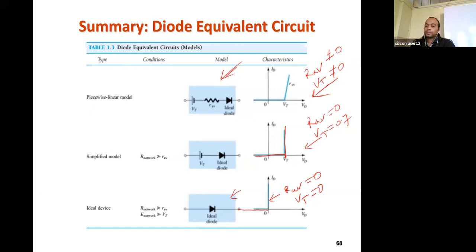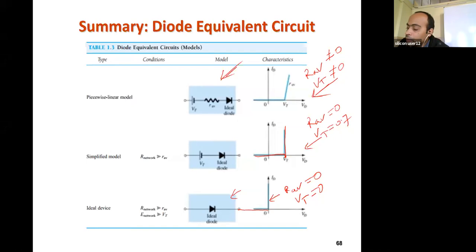Practically, all the things which you are seeing obviously must have some resistance and will have some threshold voltage. All the diodes which are seen may have some threshold voltage. So the diode has some threshold voltage, and after applying more than the threshold voltage it will start to flow current. So that's why it is having a drop of threshold voltage VT.